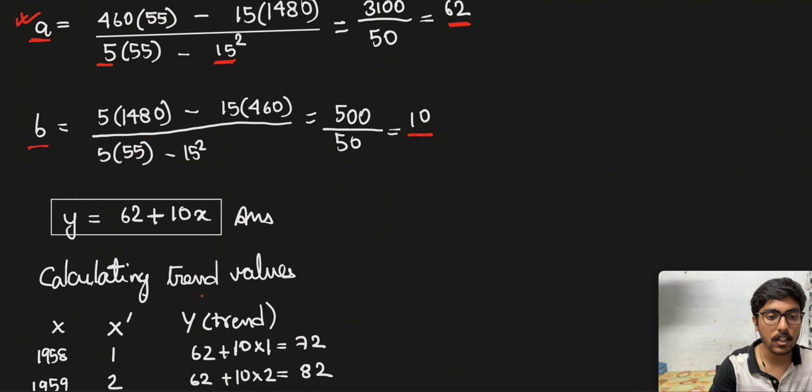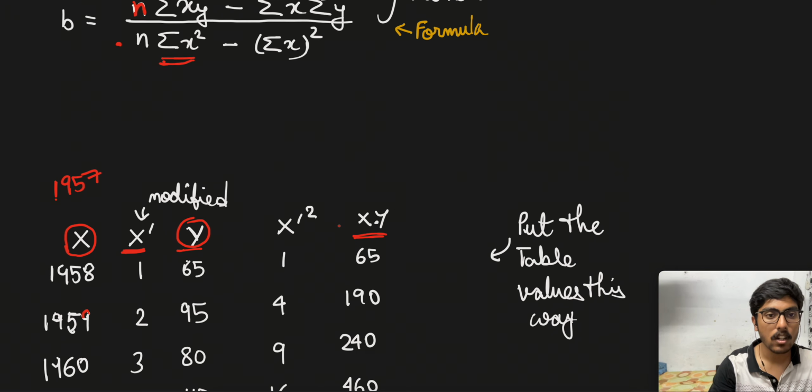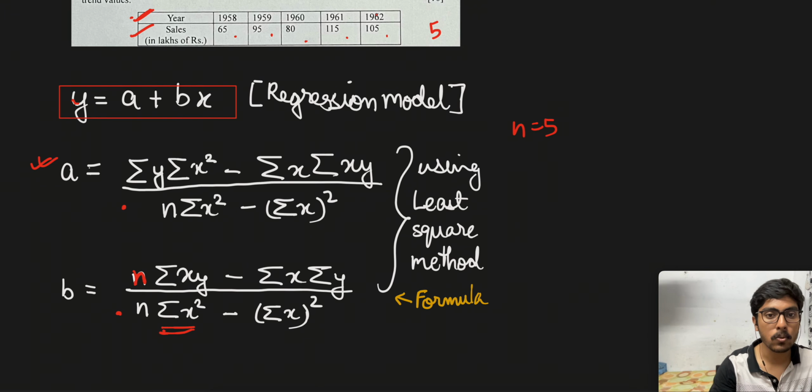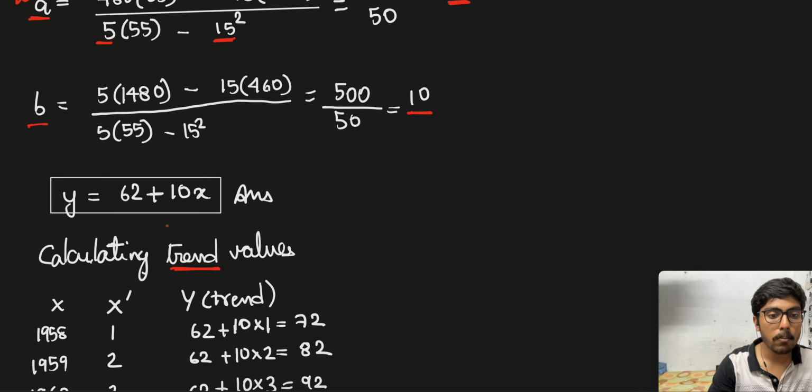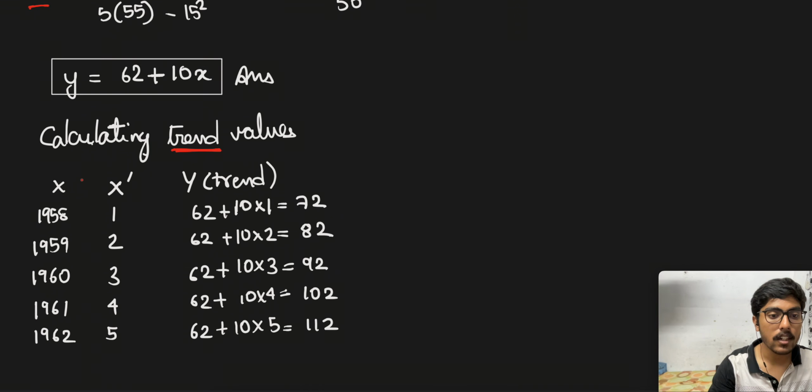Now we will calculate the trend values. Trend values are nothing but just putting the existing values of x which you got in the question, that is 1958 to 1962, into the model which we trained, that is a plus bx. But remember that we need to put in the modified format because we have trained the model using the modified x.